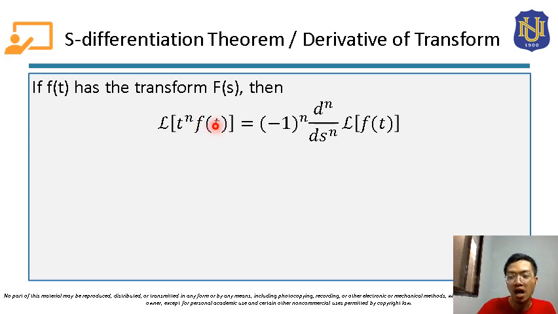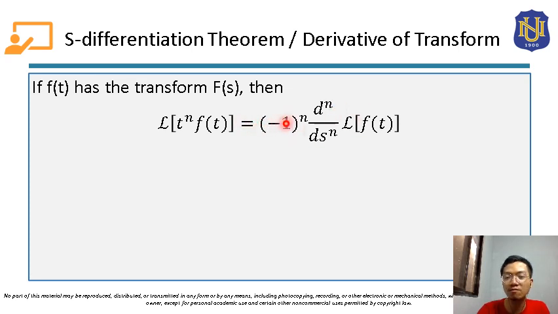So what we can do here is apply this theorem, as long as the given has t raised to n. As long as the given is a product wherein one of the components is, let's say, t squared or t cubed, combined with any function, let's say e raised to t, or another function, a trigonometric function, we can just solve this using this formula.